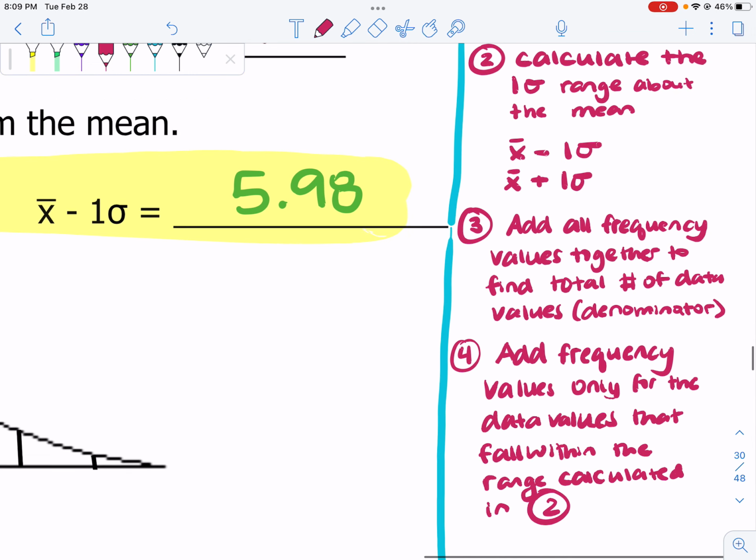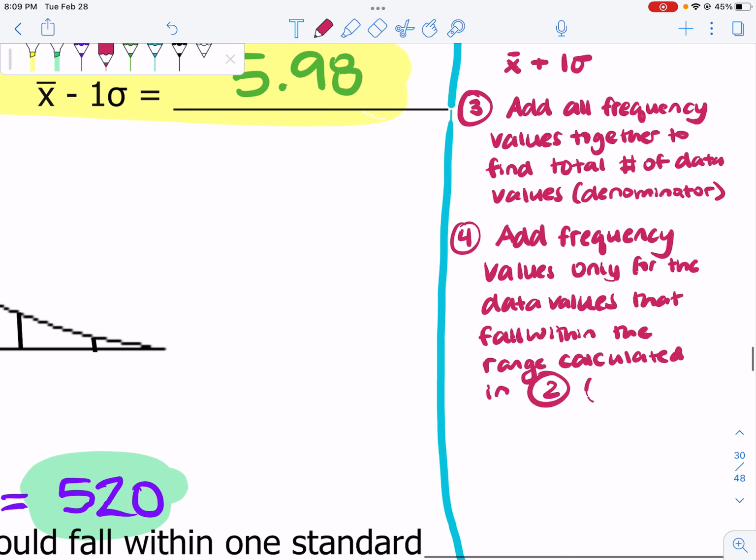So in step 2, we calculated what x bar minus 1 standard deviation was and what x bar plus 1 standard deviation was. We are going to see which data values fall within that range, and then we are going to add the frequencies together. That is going to be the numerator.